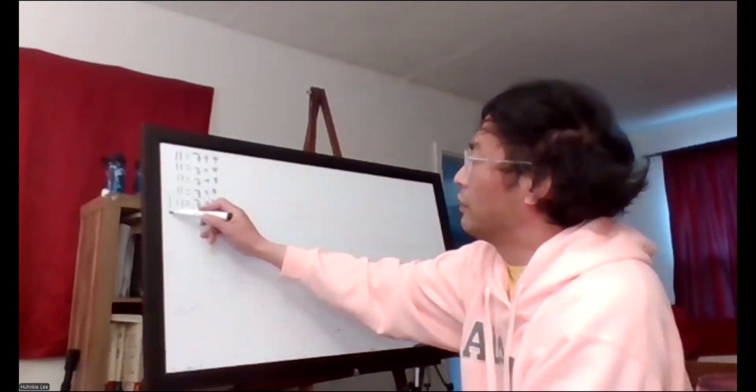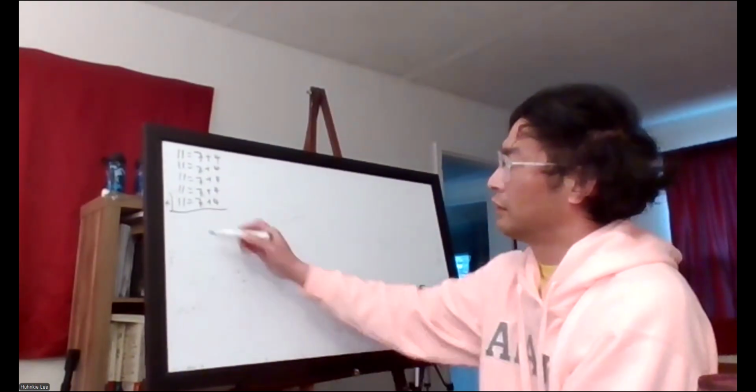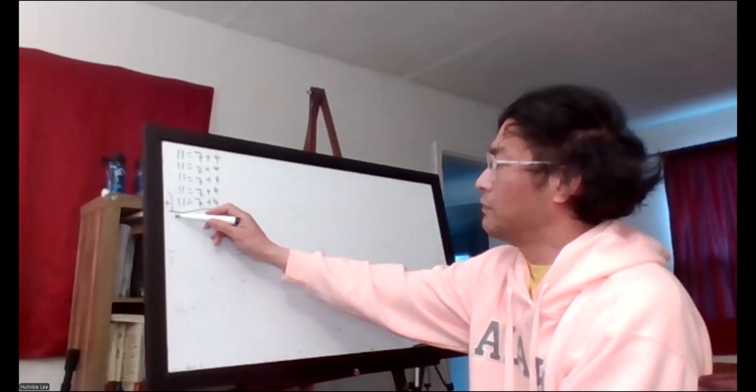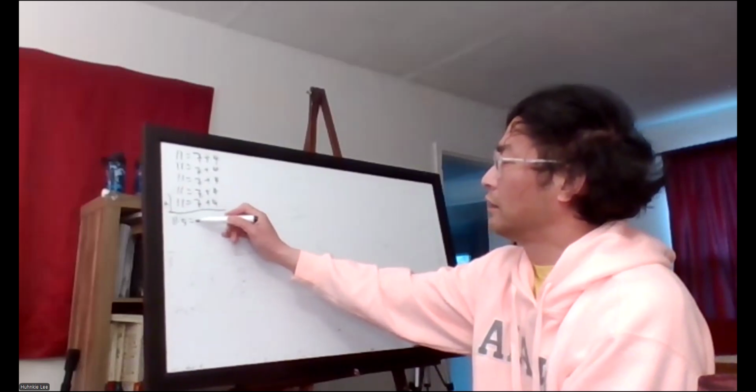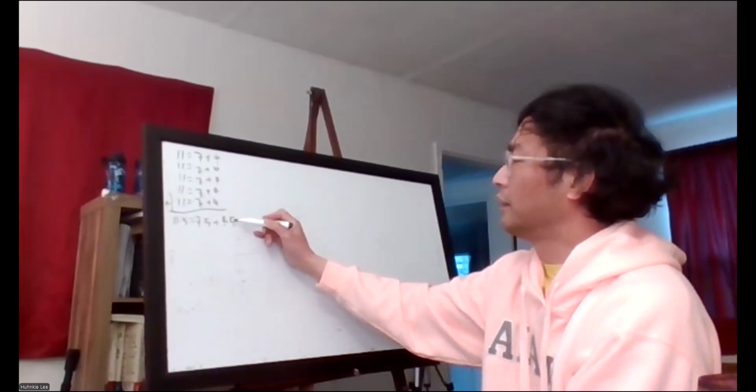Yeah, these four equations, add them. So 55, 11 times 5, 7 times 5, plus 4 times 5.